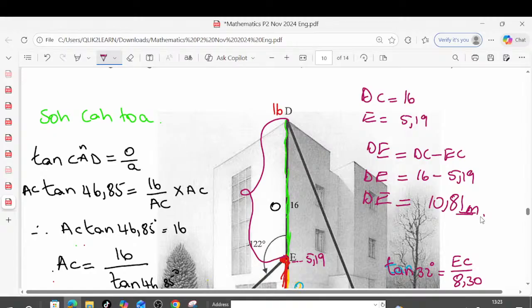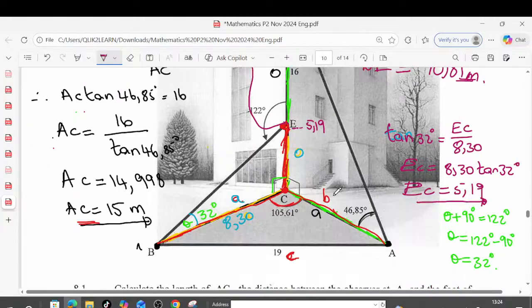Okay, so I meant we calculate angle E, then we use side C and tan to get EC. Angle E. But now we don't have, remember that the aim is to have, yes, even if we do that, that was going to work if we had maybe one side, right?